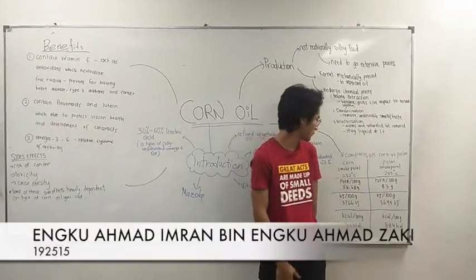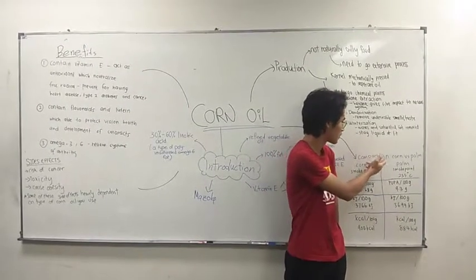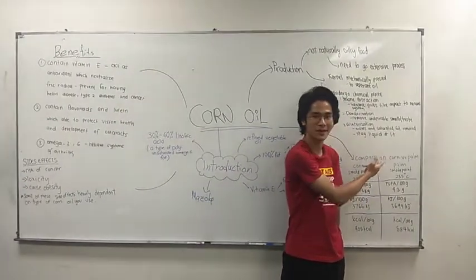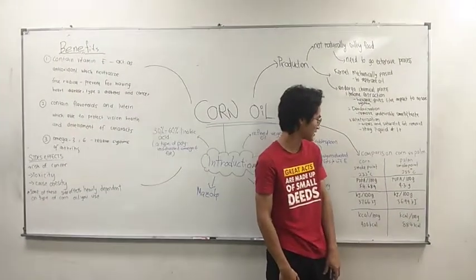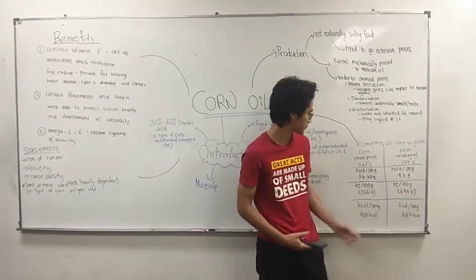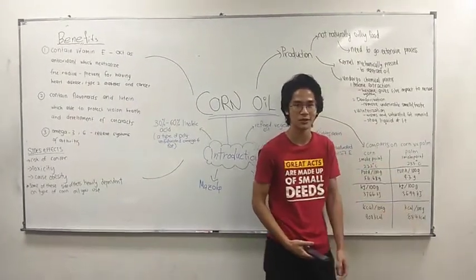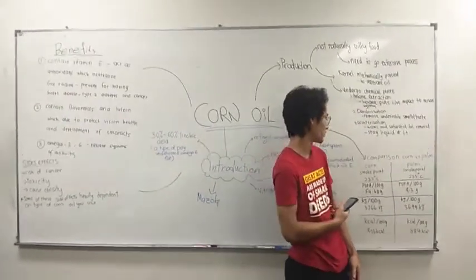Assalamualaikum everyone. I would like to talk about the comparison of corn oil versus palm oil. As you can see, this is the table of the comparison. For the first point, the smoke point for both corn oil and palm oil. What is the meaning of smoke point?